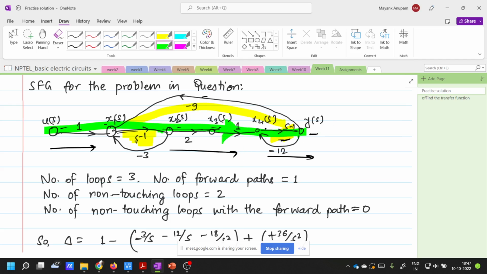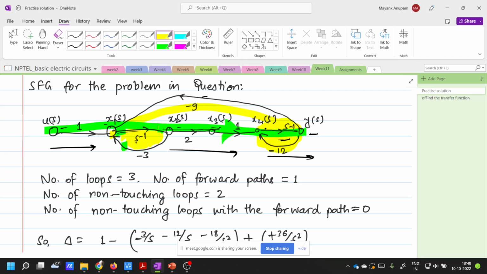Okay, fine. Now how many non-touching loops are there? You have to also find non-touching loops, right? So you see this here. This is one loop, x1 to x2 and back at x1 again. Okay, you see this is another loop, x4 to y and then back here. You see that these two loops are non-touching, right? Because they have no nodes in common.